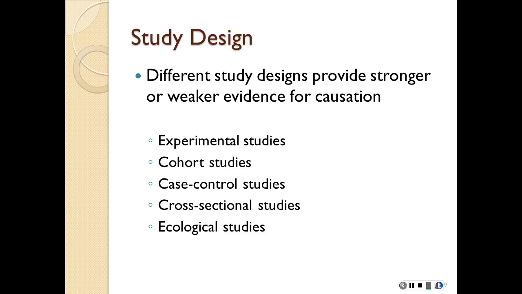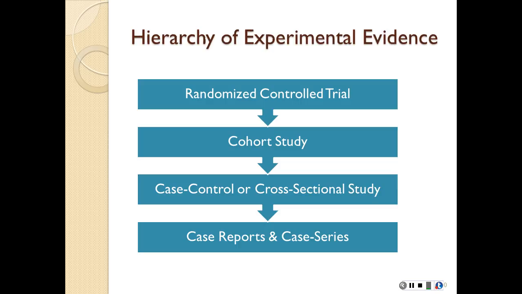We've talked about all of those as we've gone on. But the stronger your study design, the more confident you can be about saying that this relationship might be causal. And this is just a little fun picture of what we could possibly see as a hierarchy of experimental evidence.